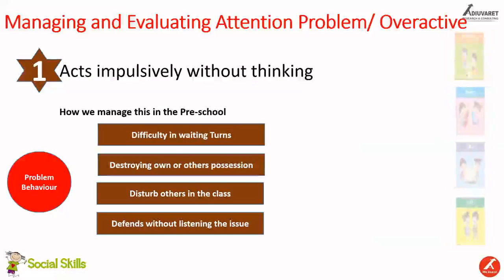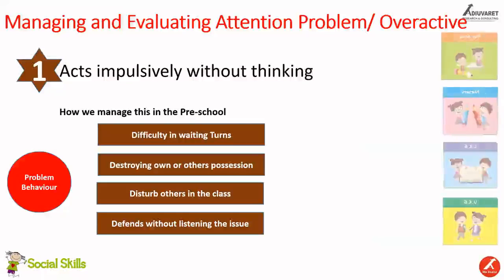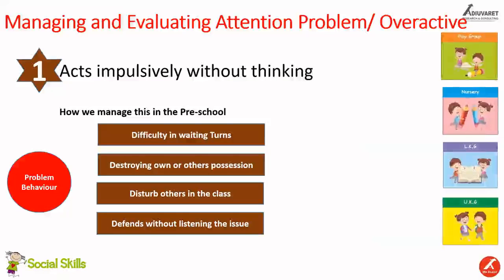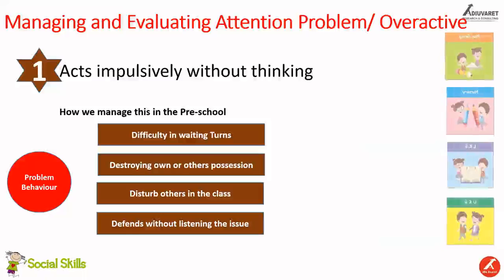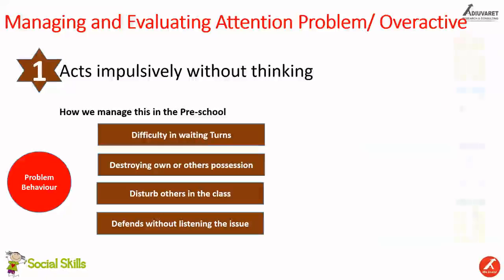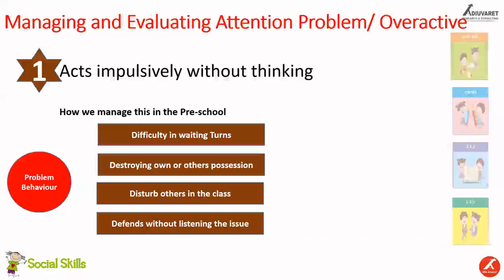So these 4 Ds: difficulty in waiting turns, destroying own or others' possessions, disturbing others in the class, or defense without listening to the issue. First and foremost, we have to be attentive enough to identify if such behavior is present in any of the children.